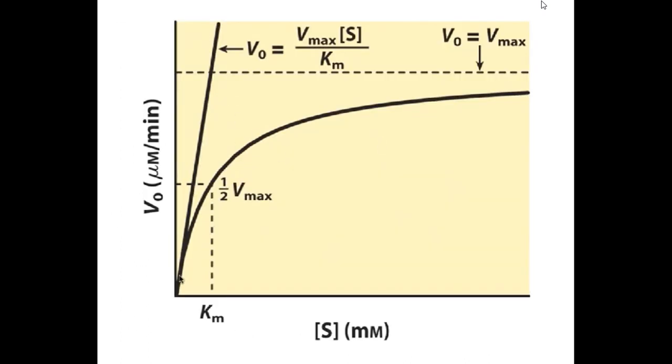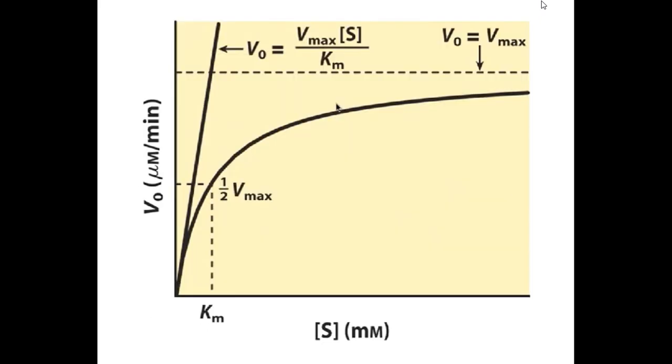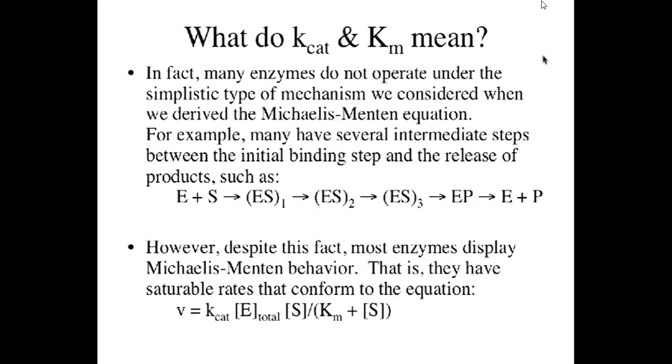So that is this regime here, where the substrate is below Km. It's essentially about Vmax over Km times S. That is this line here. When it's getting to completely saturated, then it's approaching Vmax. So basically, this hyperbolic curve is in between this linear rate and this line here, where it's Vmax.